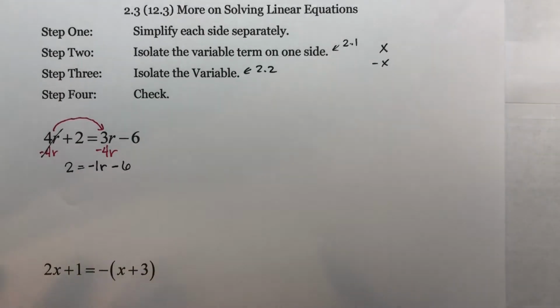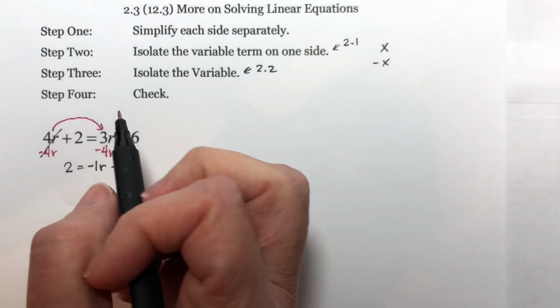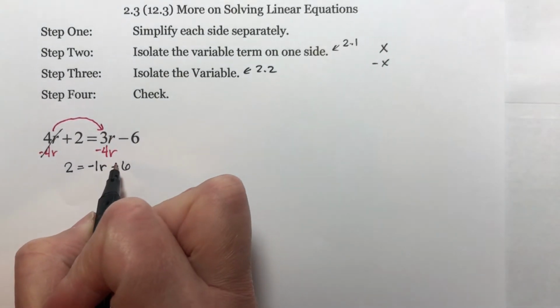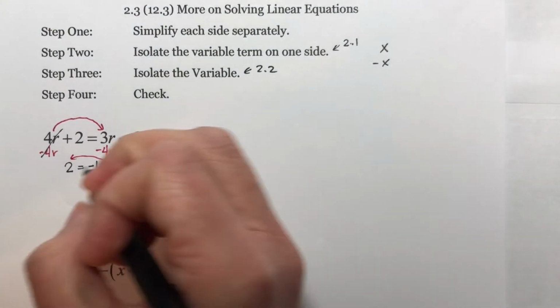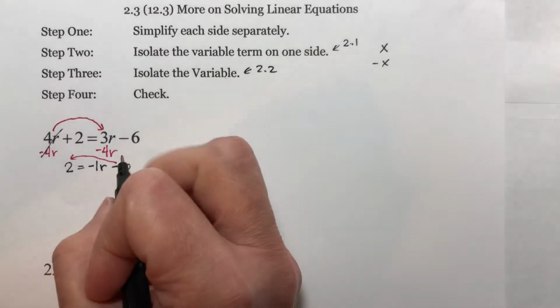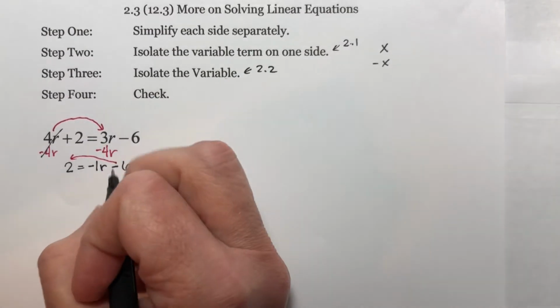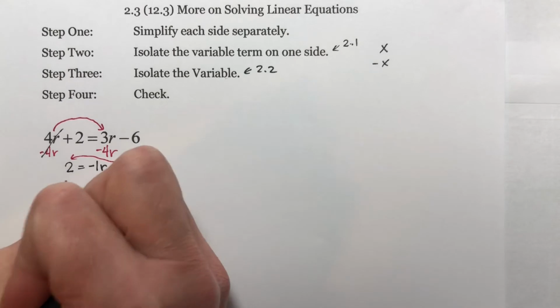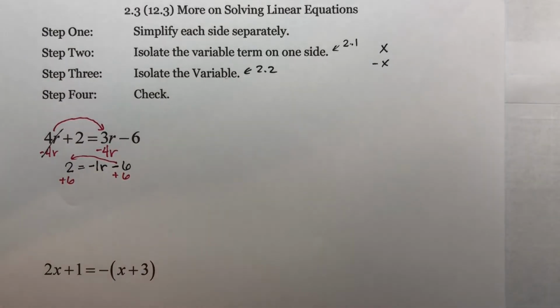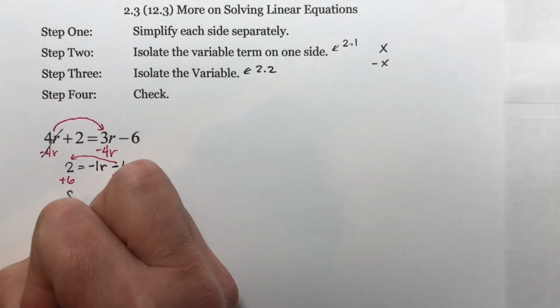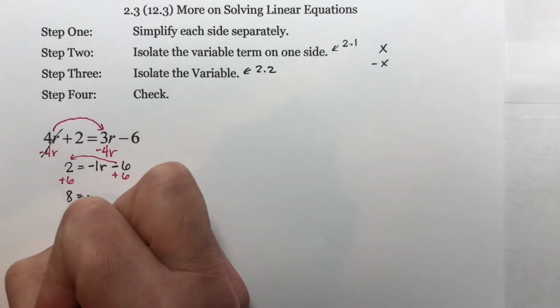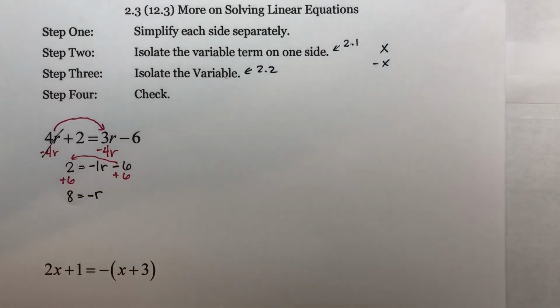Now I want to move this over to here, get it away from that variable, isolate the variable term. So add 6 to both sides, plus 6, plus 6. And we have 8 equals negative 1r, which is the same as negative r.